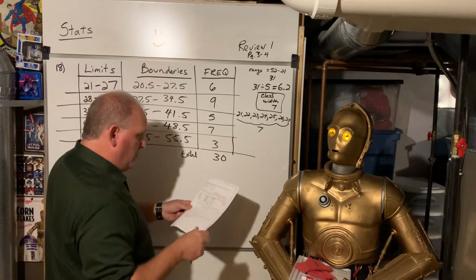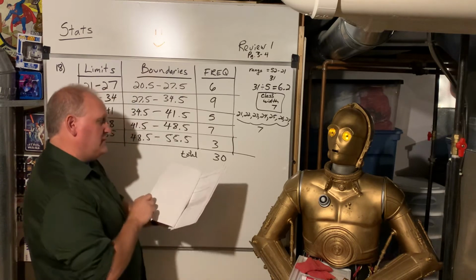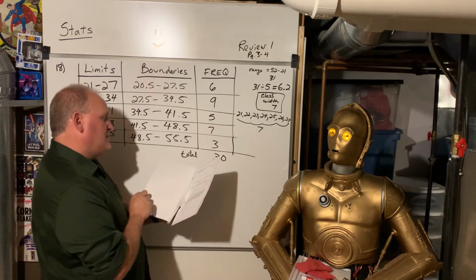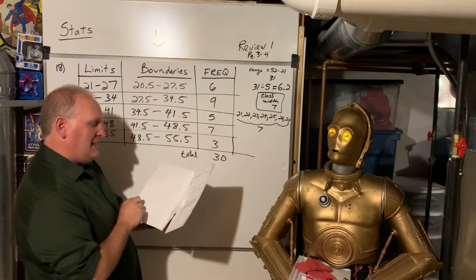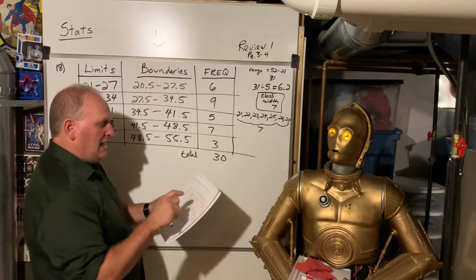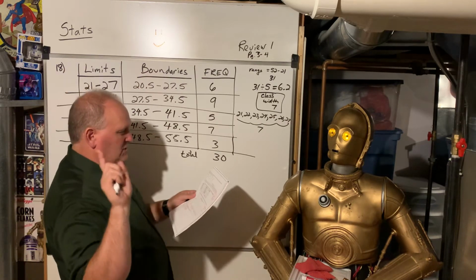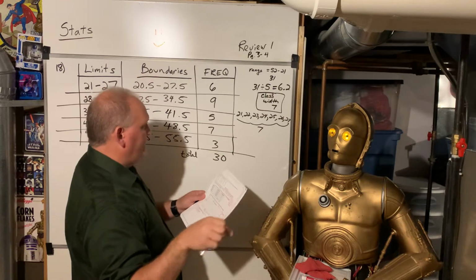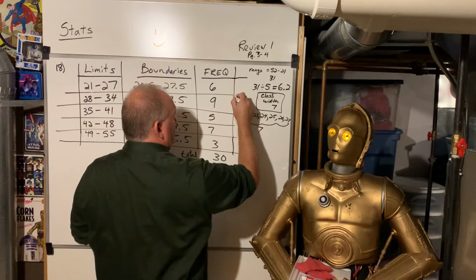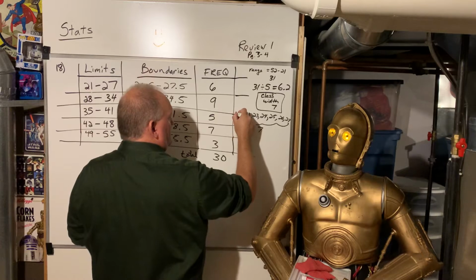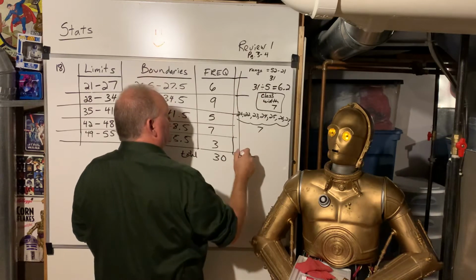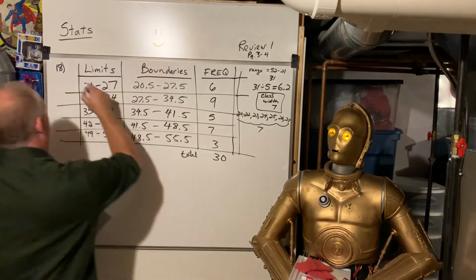Another thing you might want to do while we're doing the frequency table, because we have to make a frequency polygon on the next page, is find the midpoints while we're at it here. I didn't really leave enough room. Here, we'll put it over on this side.